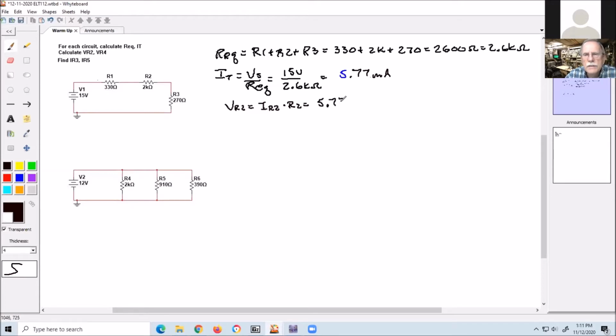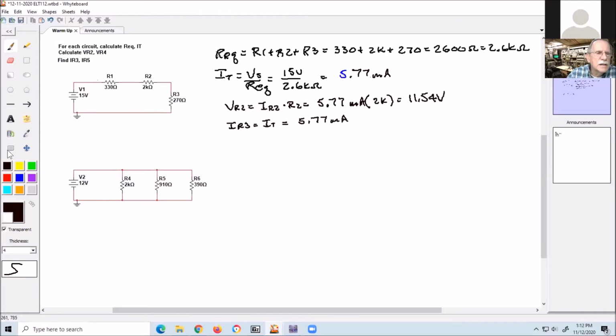So I have 5.77 milliamps times 2K, which is 11.54 volts. And so that's the stuff for, oh, and I sub R3 is equal to IT, 5.77 milliamps.